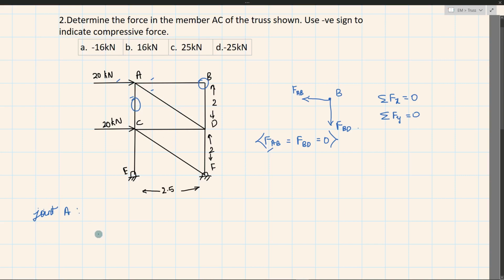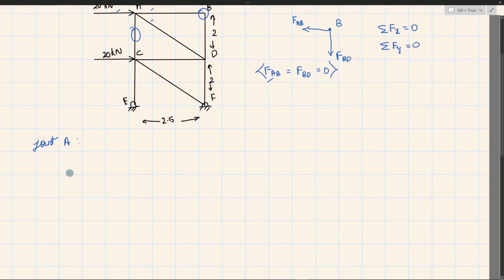Alright, let's try to draw the free body diagram at joint A. So I have external force of 20 kilonewton and FAB, and I have FAC and FAD. So the angle between this we have to find.